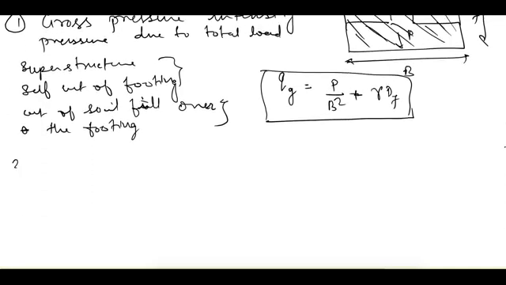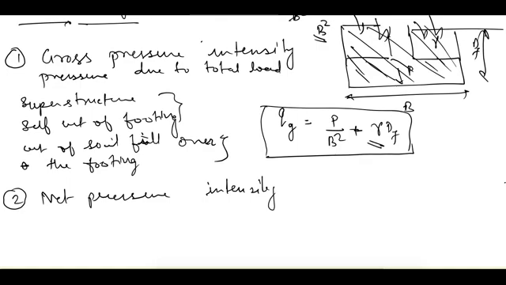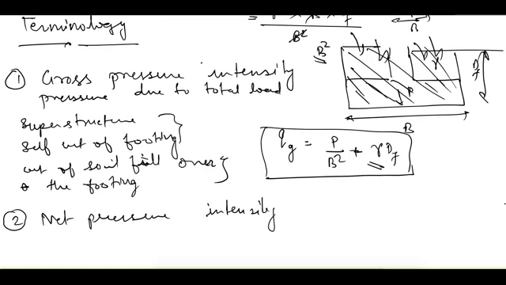Now our next term is net pressure intensity. As I said, this gamma df was there even before the construction of this footing or the construction of this structure. It means that there will be no deformation due to this part because it was already existing on the soil.